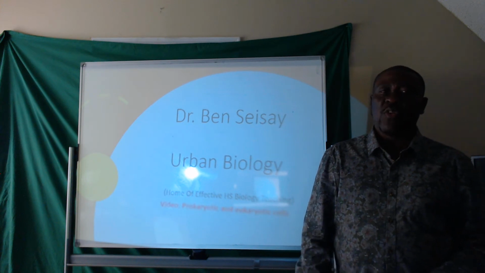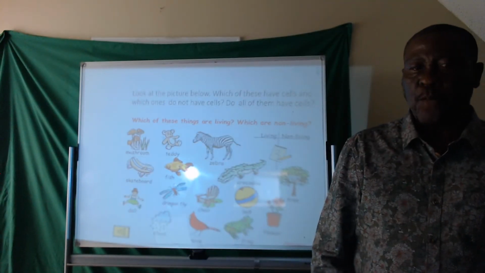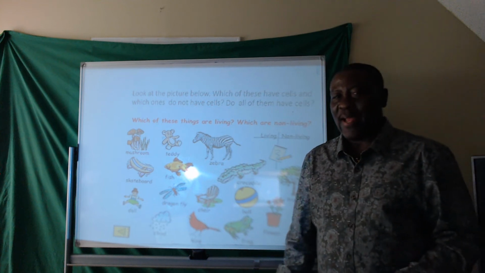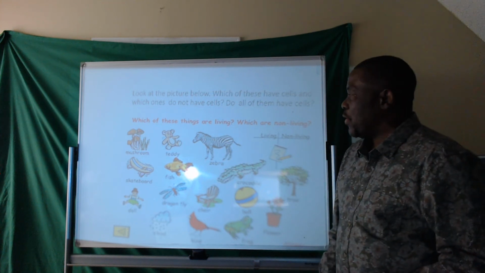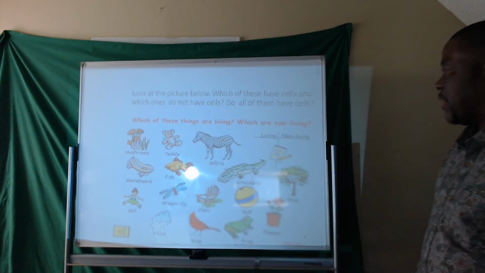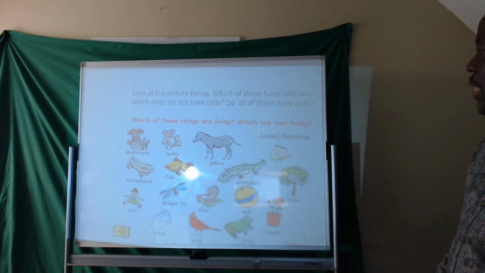Okay, so let's look at this picture. So this picture here is kind of blurry right now. Okay, there you go. Here's the picture. So if you look very carefully at this picture, you have different items, and I want you to look at these different items that I have shown you here on this board, and tell me which ones have cells and which ones do not.